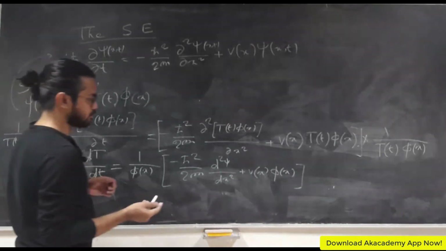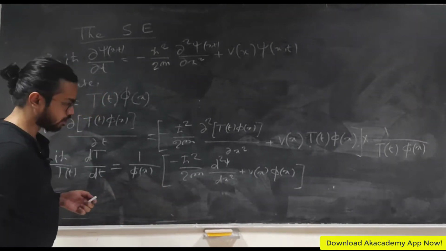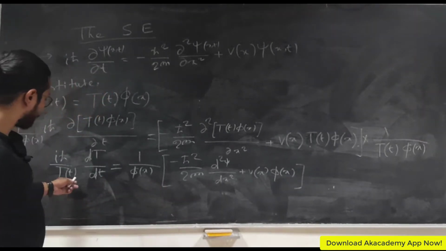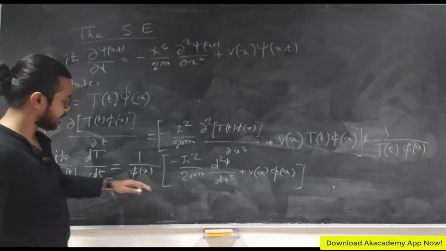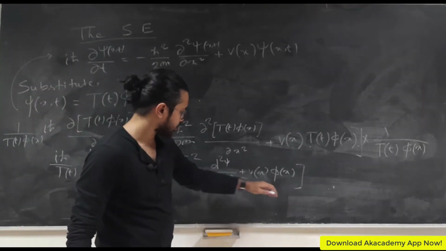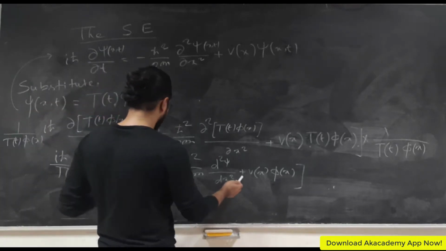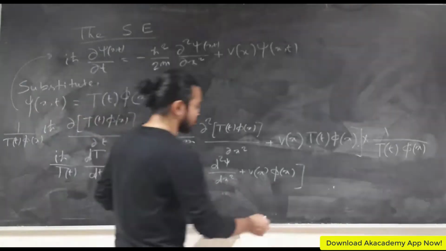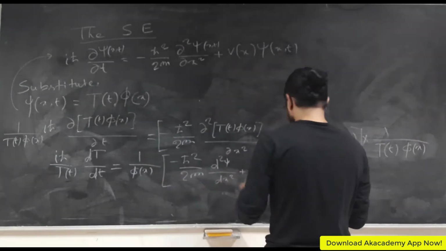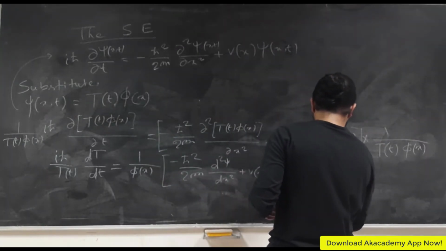So what we have got is one part with only t dependence and another part with only x dependence. Now it is a well-known technique in mathematical physics that when we get something like this, we can say that both of these are equal to some constant.